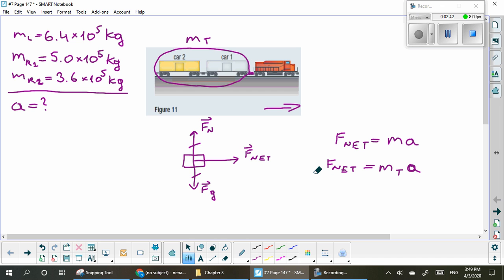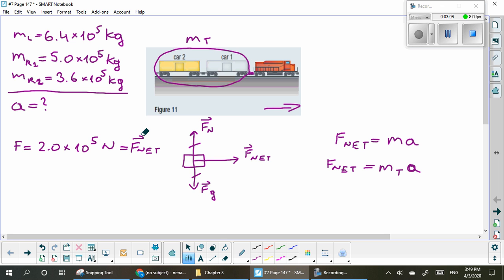Now, we know that the maximum force that can act on these cars is 2.0 times 10 to the power of 5 newtons. That is our F net. So that is the maximum force we can have.